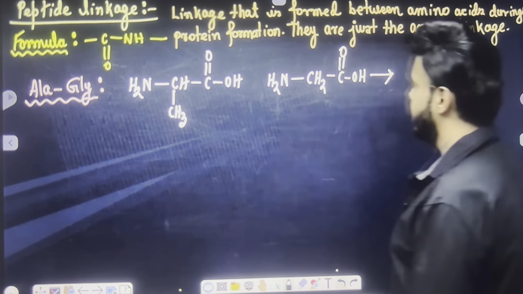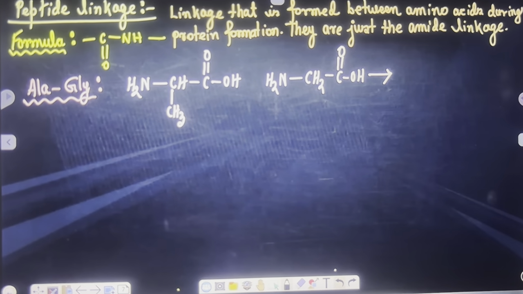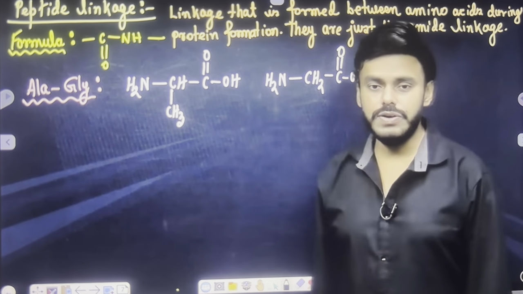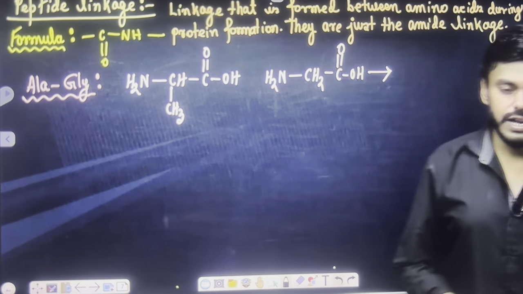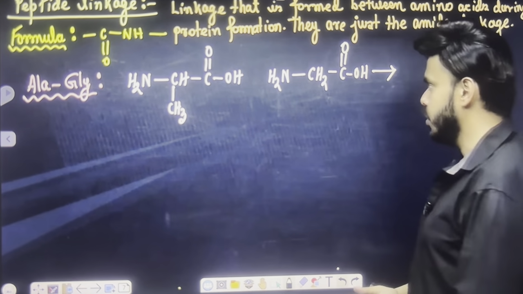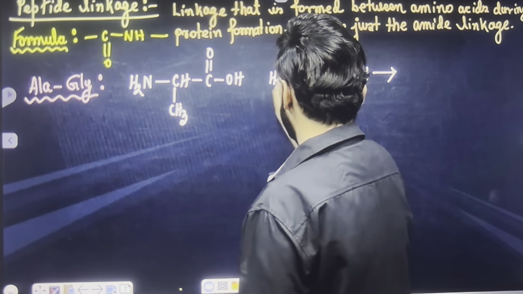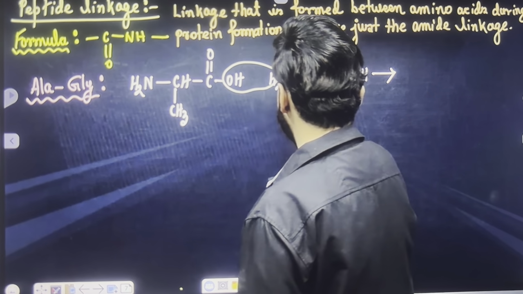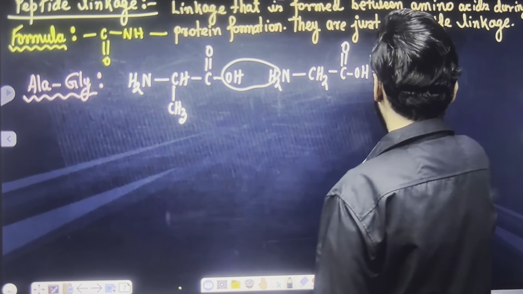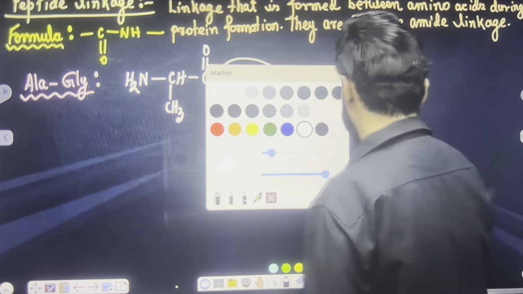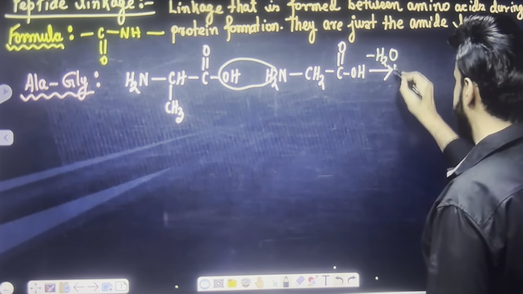Now they will undergo dehydration, because whenever the acid and base come close to each other, they undergo a dehydration reaction. So this hydrogen and this OH group will be eliminated as a water molecule. What is left?